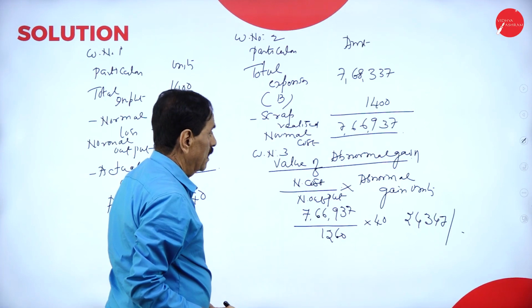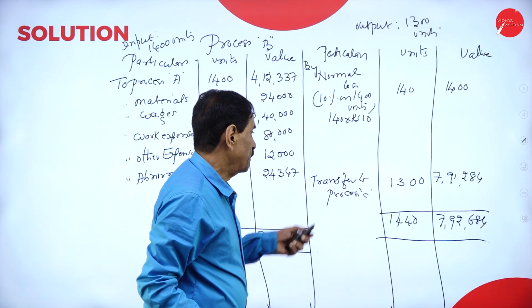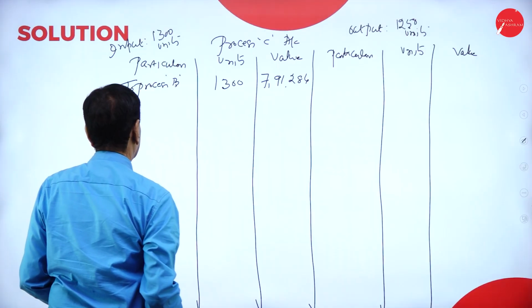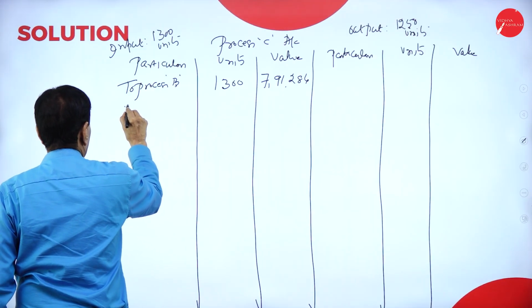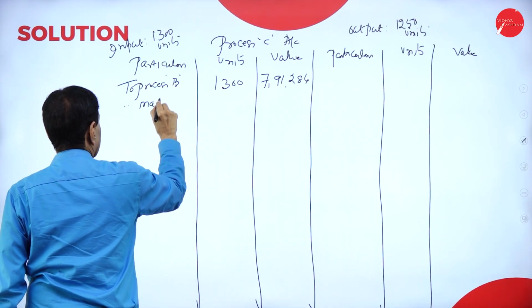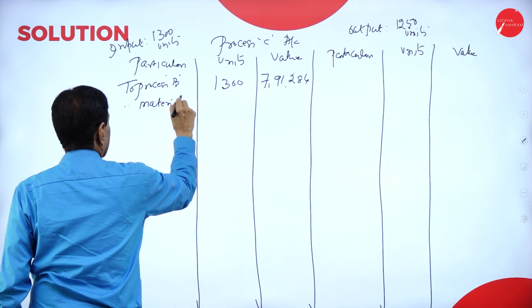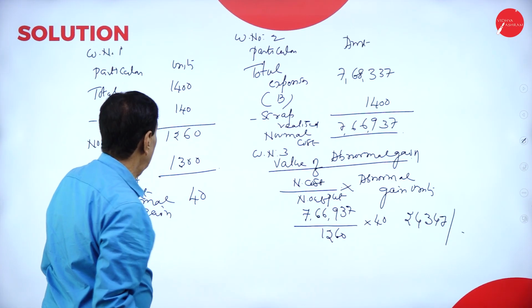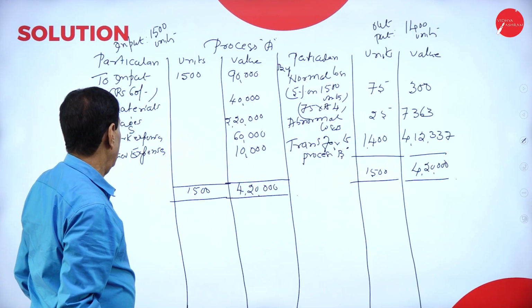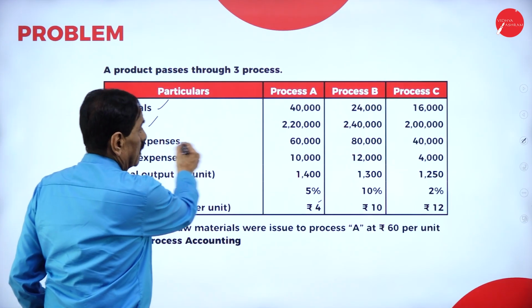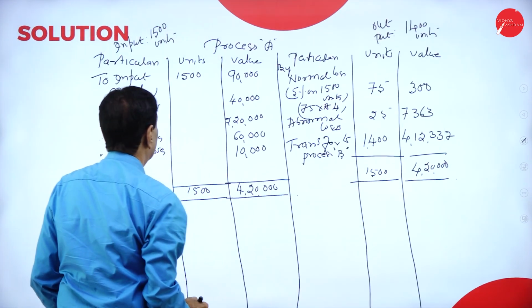Expenditure of this process: to materials. What's the value? Materials come to 16,000.